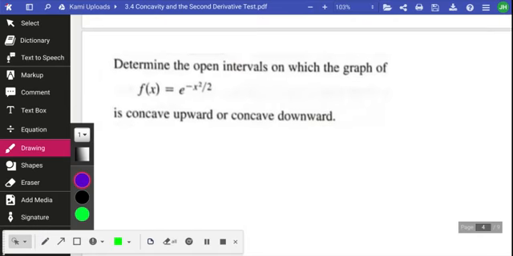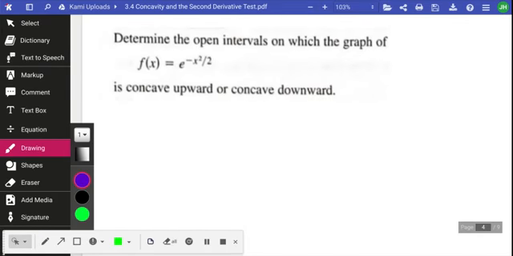All right. The first example: we're going to determine the open intervals on which the graph of the function is concave up and concave down. In order to do this, we need the second derivative, and to get that, we first look at the first derivative. So f prime of x is the derivative of e to the negative x squared over 2.